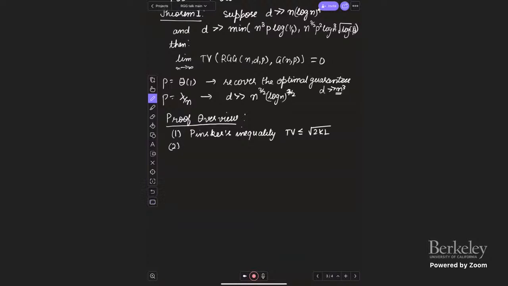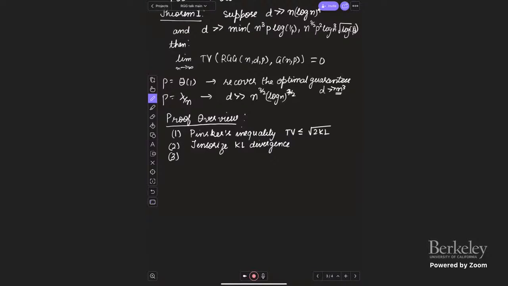And the second one is to tensorize the KL divergence. Why do we need to tensorize KL? I'll get into why we need to tensorize in a bit.